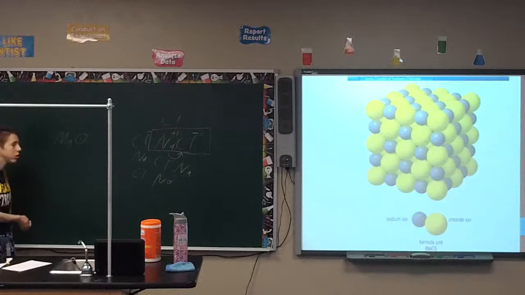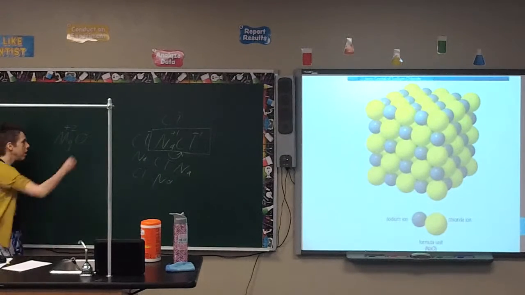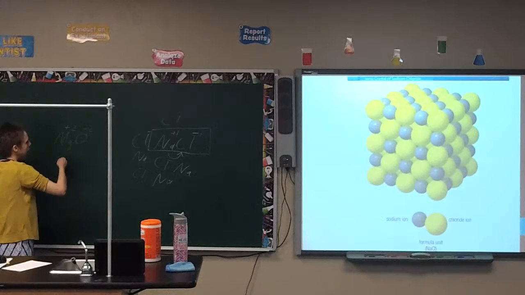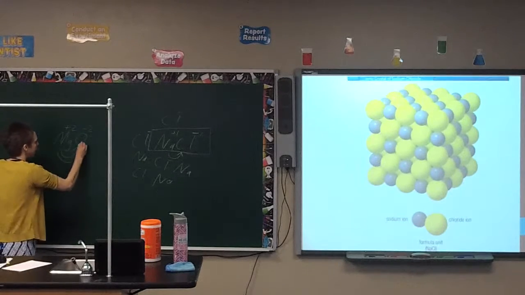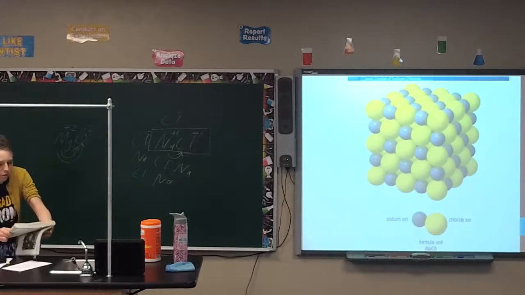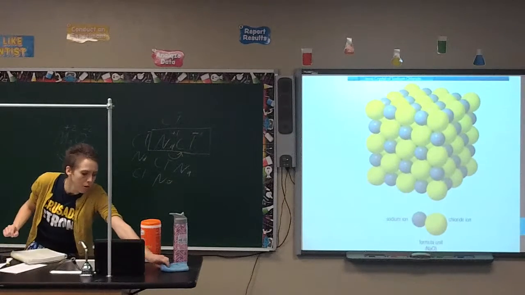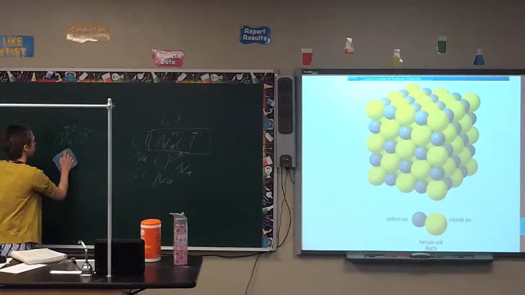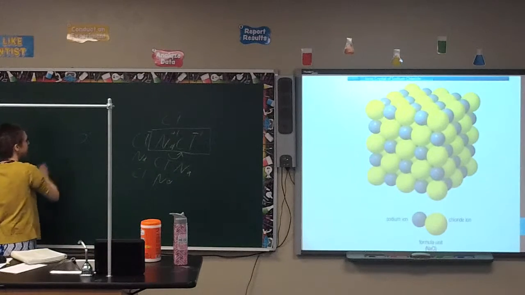Our magnesium wants to lose 2. How many does oxygen want? Quentin? 2. So that's why this one looks like this. Magnesium throws both of its electrons onto oxygen, and oxygen says, yes, thank you, please, and takes them both. Sometimes it doesn't match up perfectly like that, so you need to start practicing figuring it out.